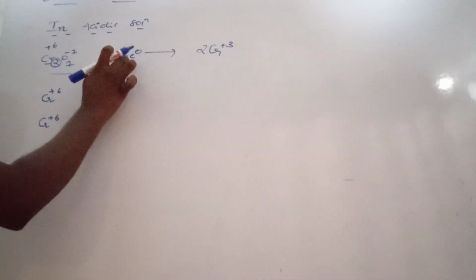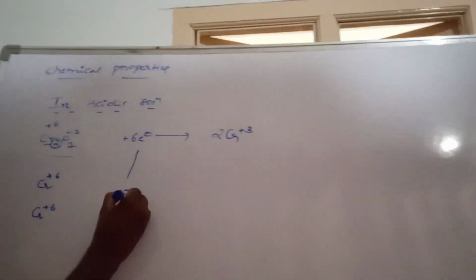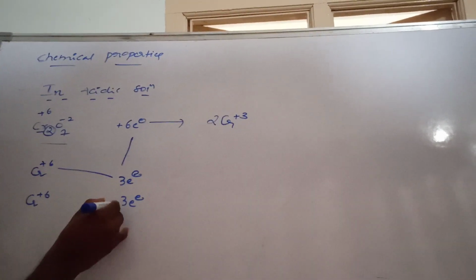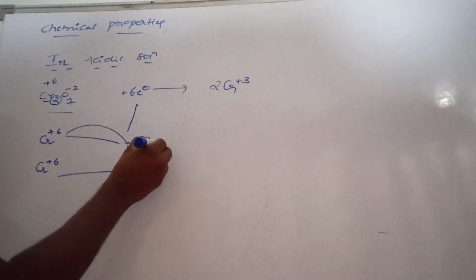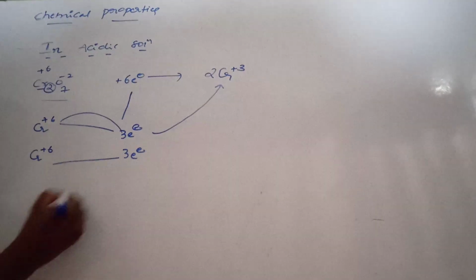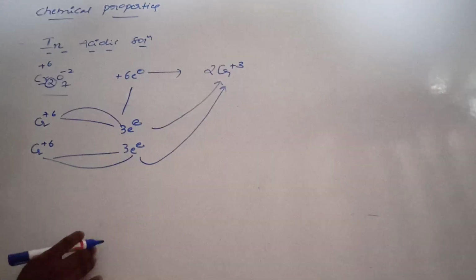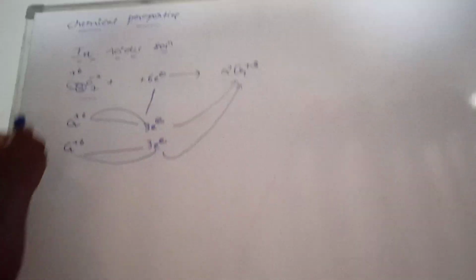Cr2O7 power minus 2 is accepting 6 electrons. The 6 electrons I have to split into 3 electrons and 3 electrons. It is accepting 3 electrons, accepting 3 electrons. After accepting 3 electrons, it is converted to Cr power plus 3. So it is accepting how many electrons? So 6 electrons.